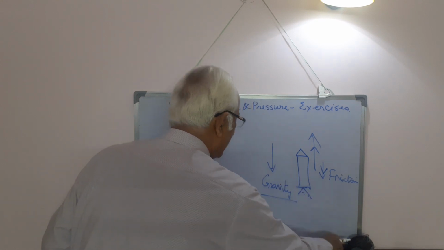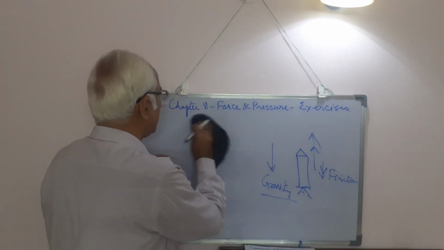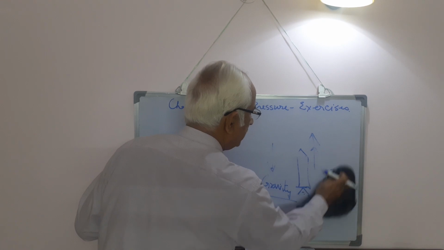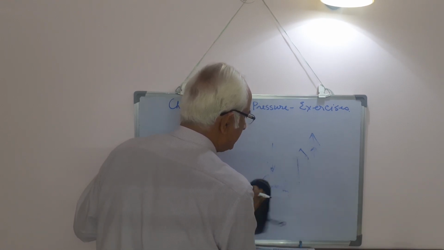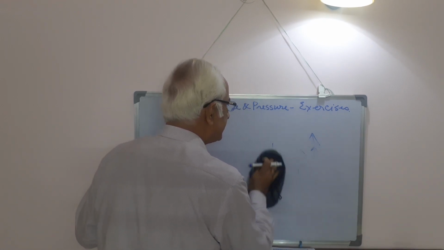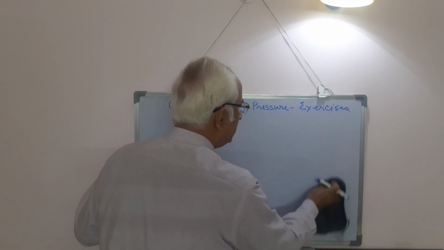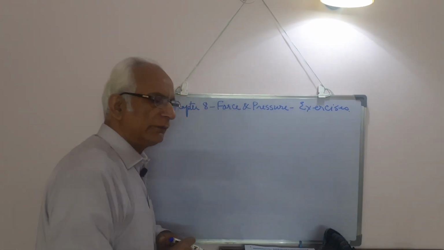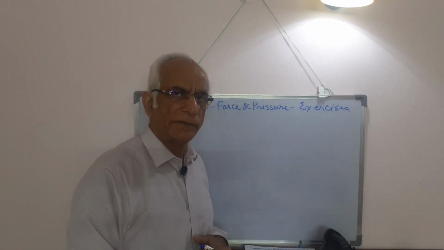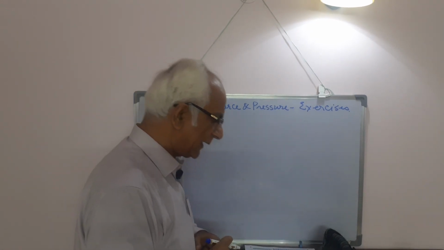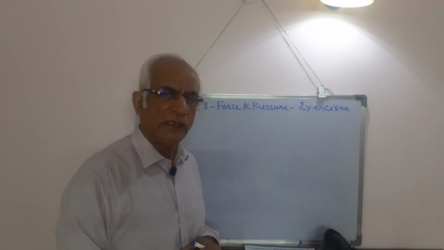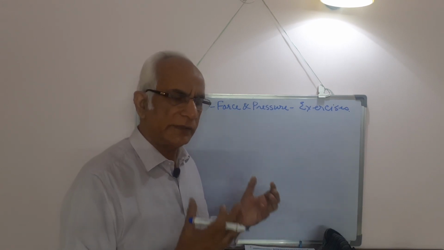So you please try writing this answer. You must learn how to write answers. I have given you the basic reasoning. Reasoning is when an object starts moving, there will be force of friction, and the direction of force of friction will be opposite to the direction of the movement. And second is the force of gravity, which acts on all bodies on the earth.